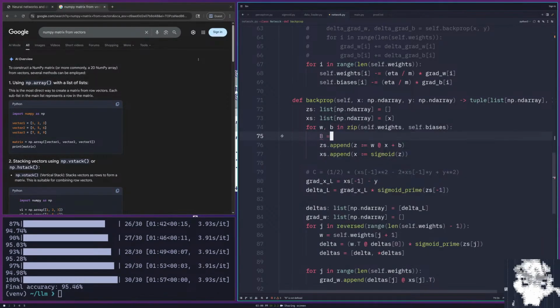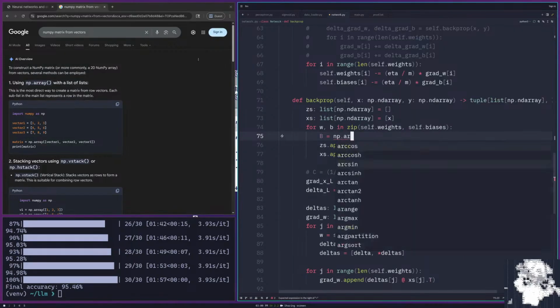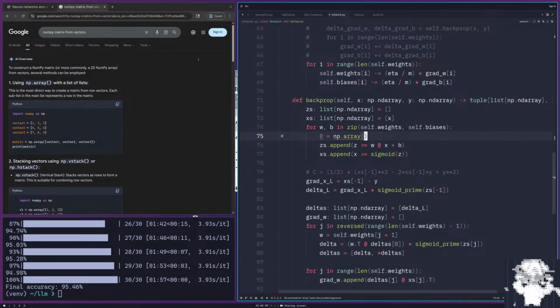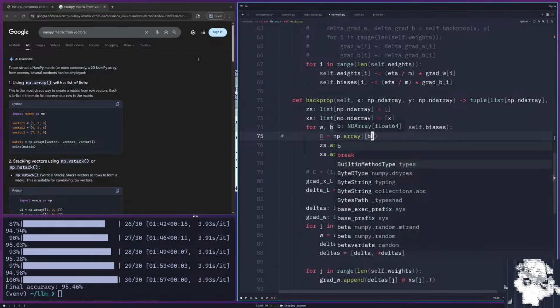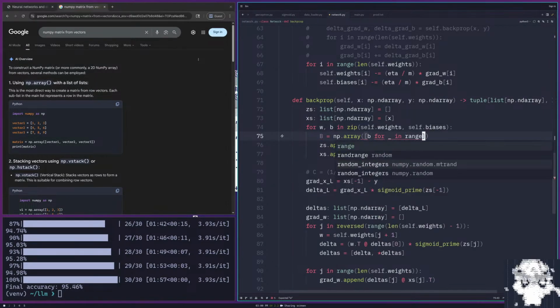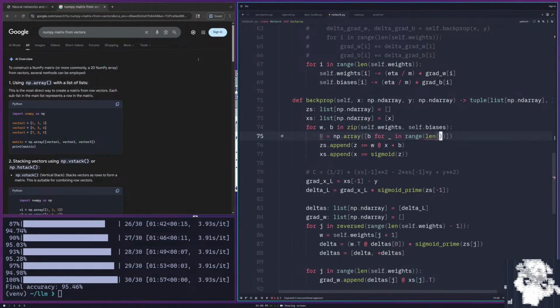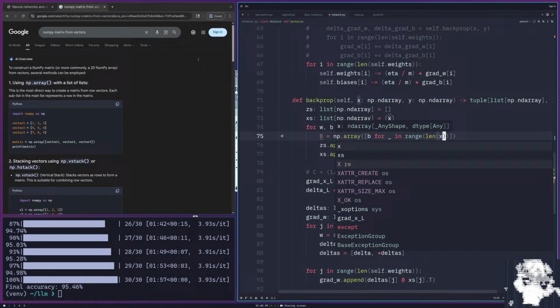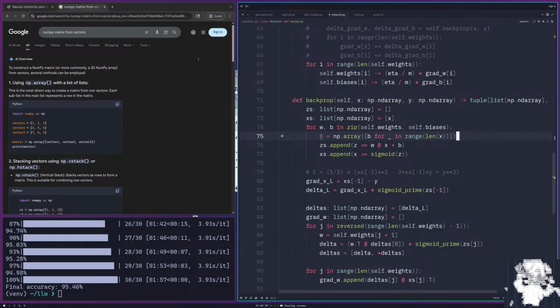So B equals np.array, B for blank in range len of X of 0, because I want the number of columns. And then here you can use B.